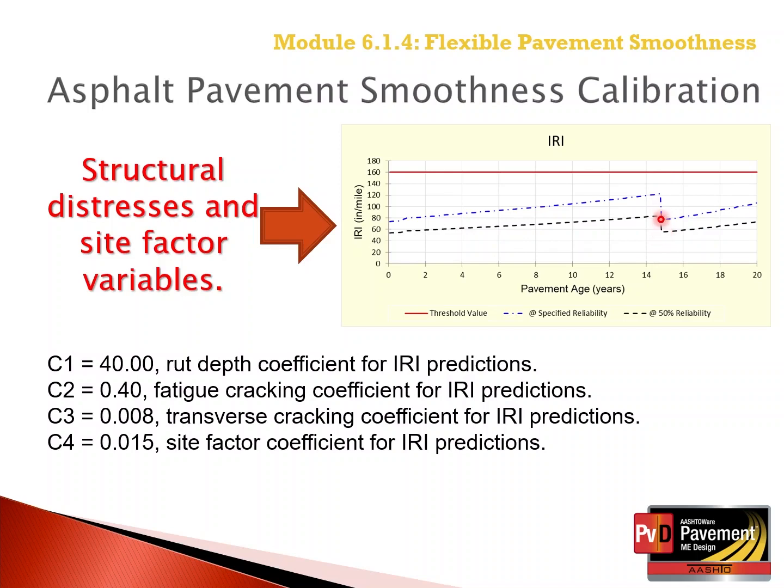Then the Pavement ME software continues to predict the mean IRI, and the IRI at some reliability level over time, using the structural distresses that are present or calculated on the pavement surface.